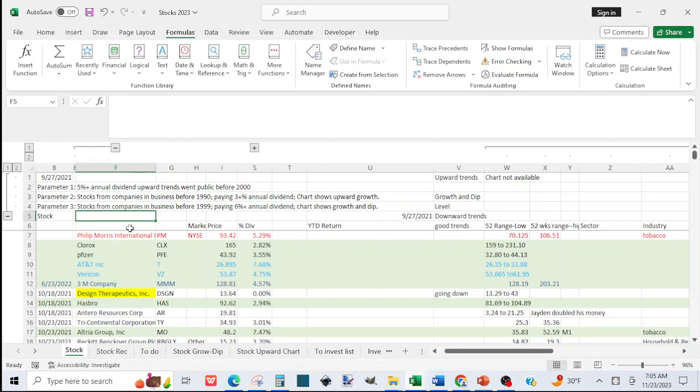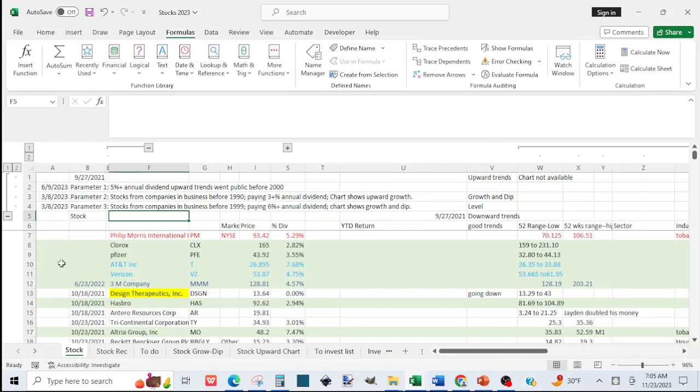The first column you can keep for your notes, so that if you come across a stock that you really like, you can have a note for that stock.